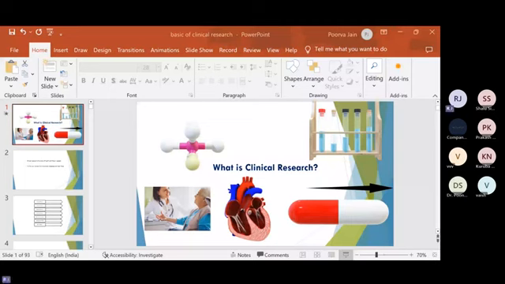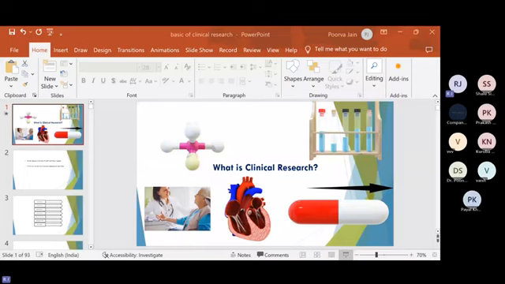So, in this class, we are going to learn about a few concepts in the clinical research area. Before we start with some specific terms, first we'll try to learn what clinical research is in reality. There are many definitions.